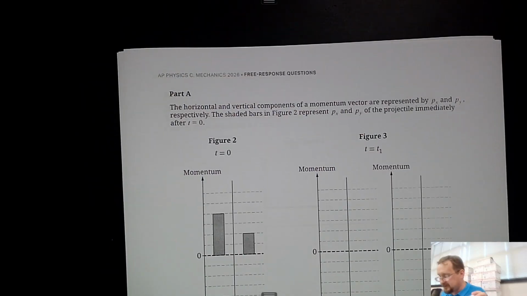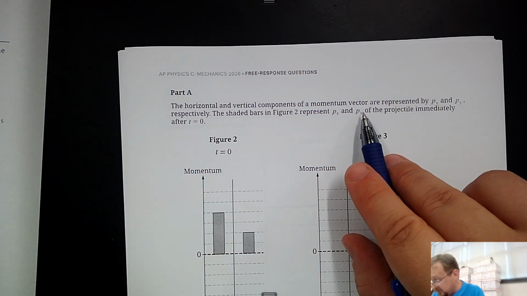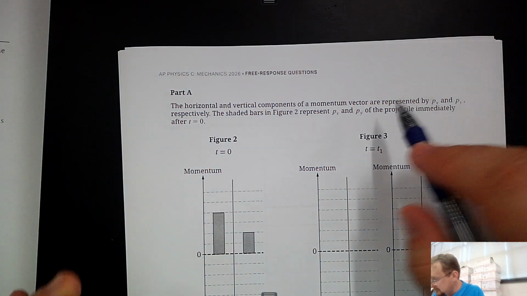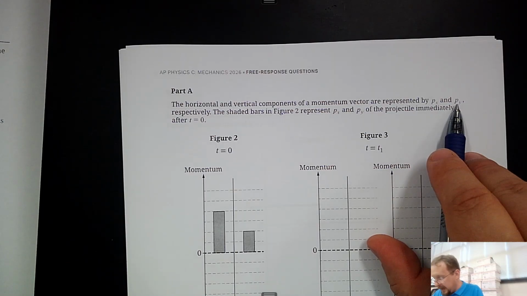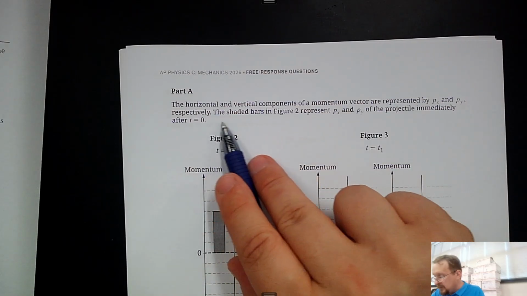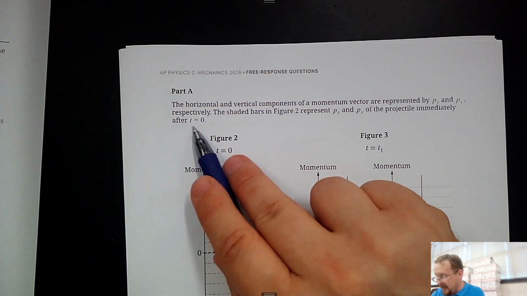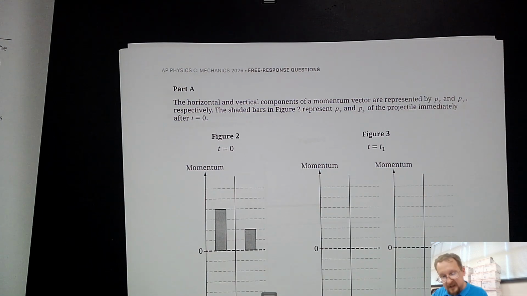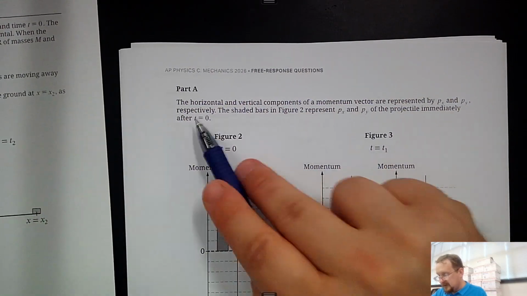Really what I want to do is piece out the horizontal and vertical components of the momentum vector, which are represented by px and py respectively. The shaded bars in figure 2 represent px and py of the projectile immediately after t equals 0.